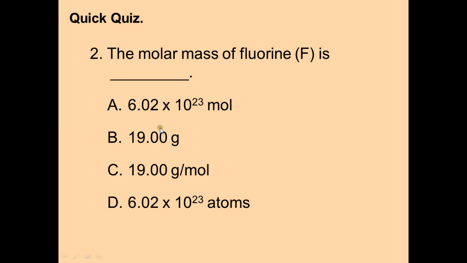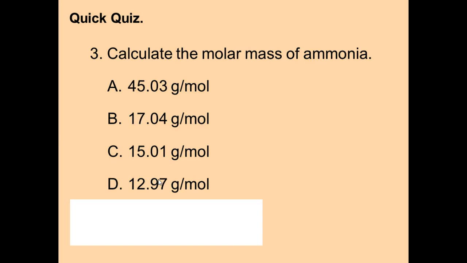So you have B and C, and when we talked about this, molar mass is always measured in grams per mole, and so the answer must be C. And FYI, we get 19 from the periodic table, so 19 is the atomic mass of fluorine. And that's how we got 19 grams per mole.